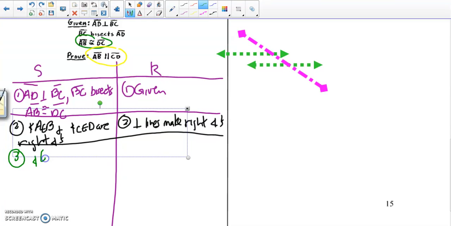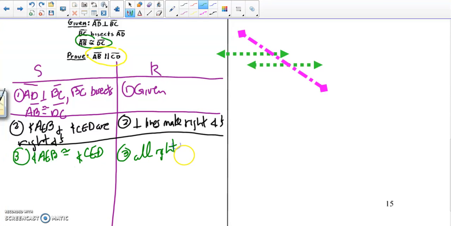So we'll say angle AEB is congruent to angle CED because all right angles, and sorry my pen's giving me a little trouble, all right angles are congruent.